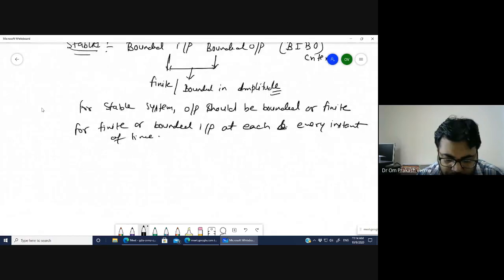So you can check the stability and instability of a system.